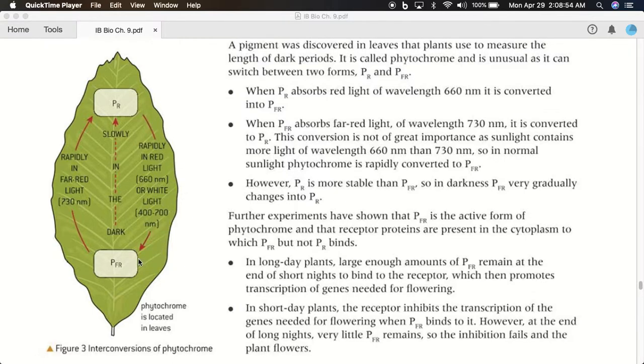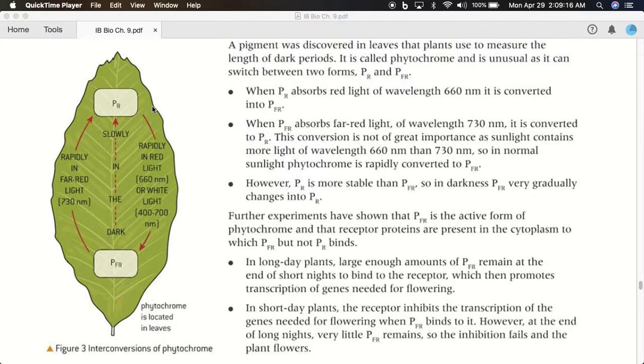When there's a lot of sunlight for long day plants, we end up producing a lot of PFR, or phytochrome FR. When we have lots of phytochrome FR, long day plants are able to transcribe the genes they need for flowering. The opposite of that is short day plants.